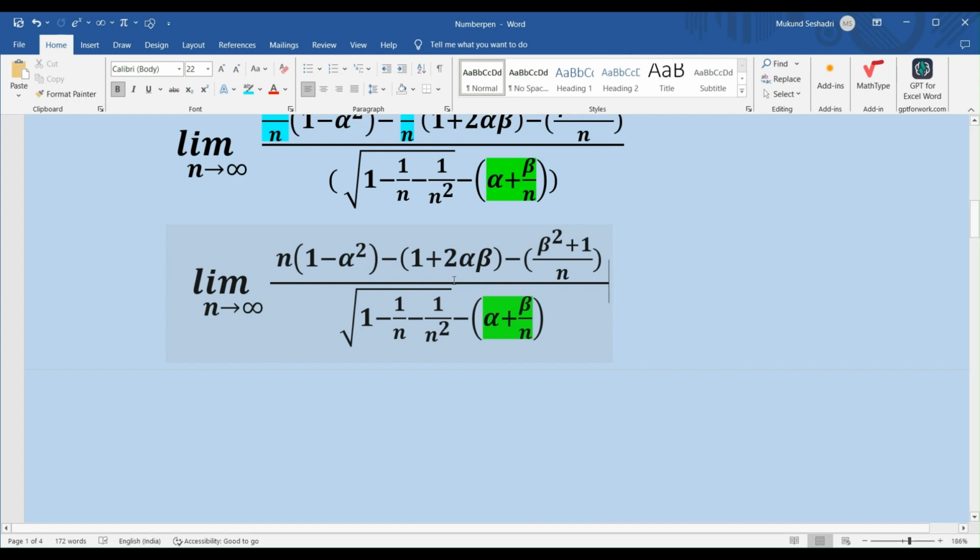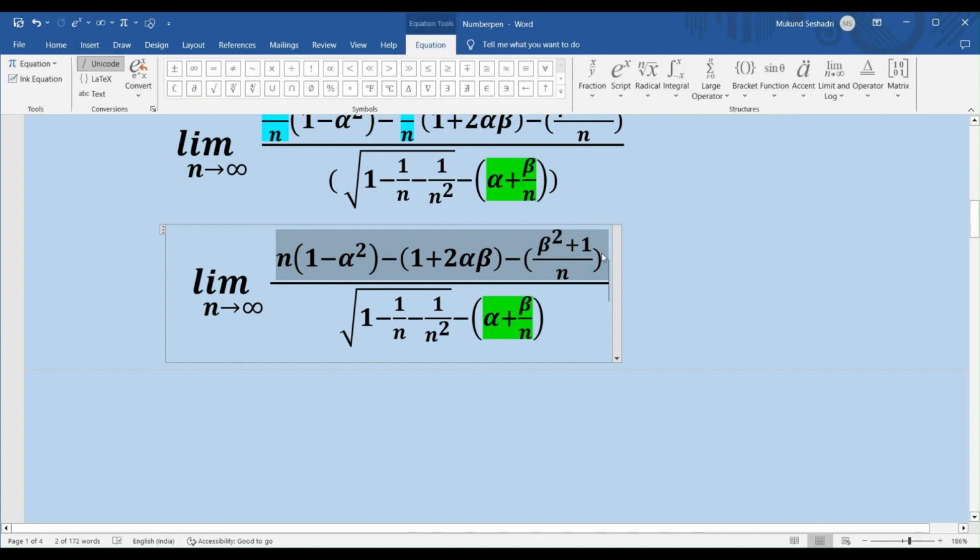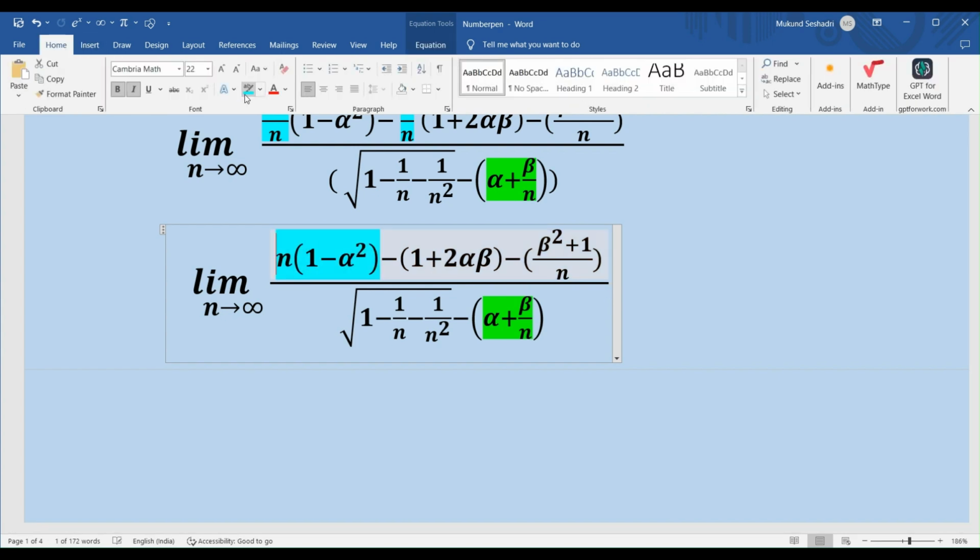As n tends to infinity, for the numerator to take a finite value, the term n times (1 minus alpha square) should not exist. Then 1 plus 2 alpha beta is a constant, and (beta square plus 1) divided by n will also tend to 0.